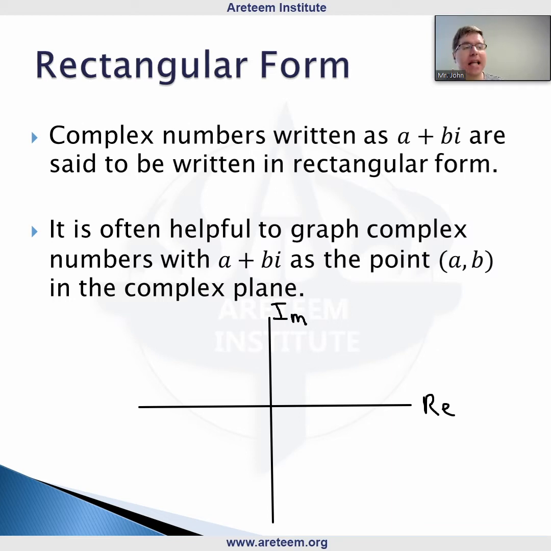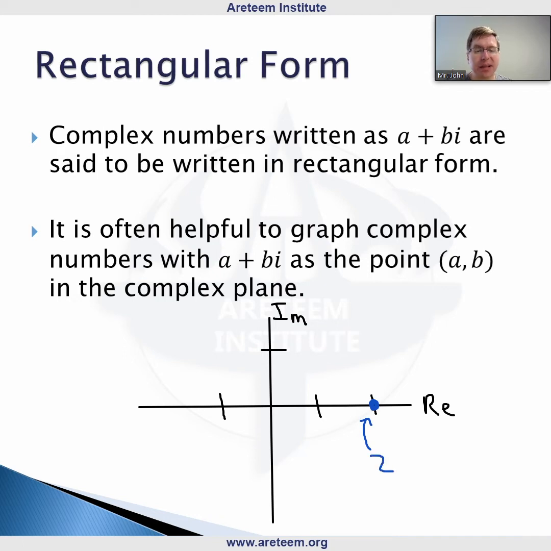Other than that, we think of these using normal xy coordinates. If we want to graph some points in rectangular form, this point here is just our normal point 2.